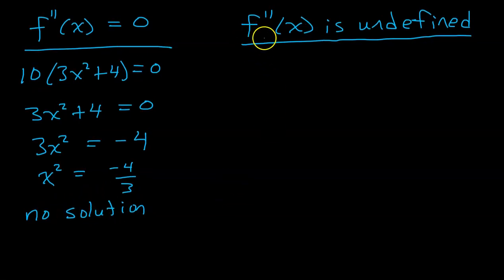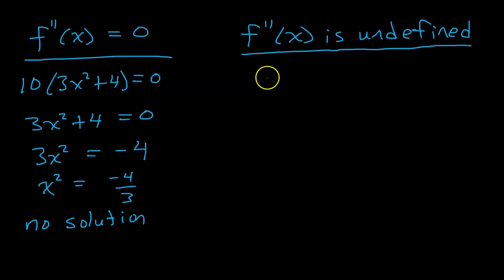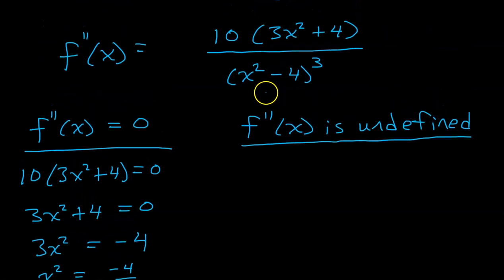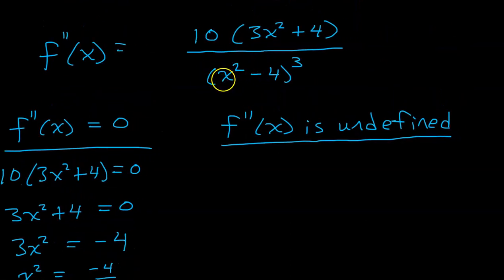All right, so let's move on to where the second derivative is undefined. Well, this will be undefined where the denominator is equal to 0, similar to what we just did with the original function. So x squared minus 4, cubed, equals 0. This will show us where the function is undefined.